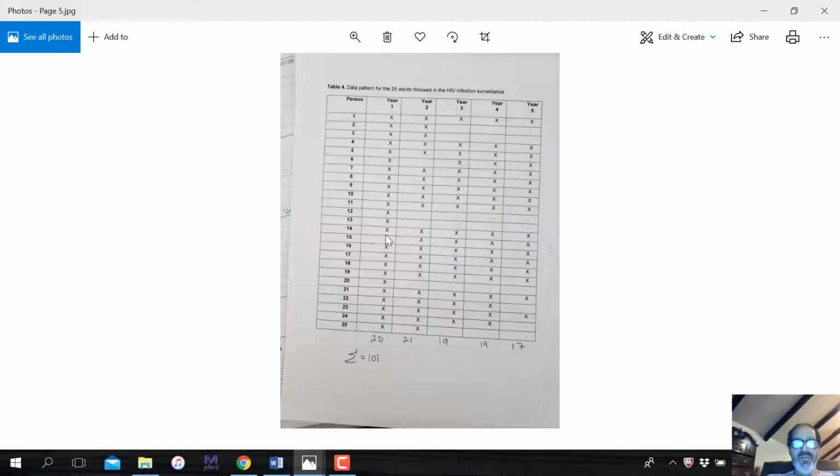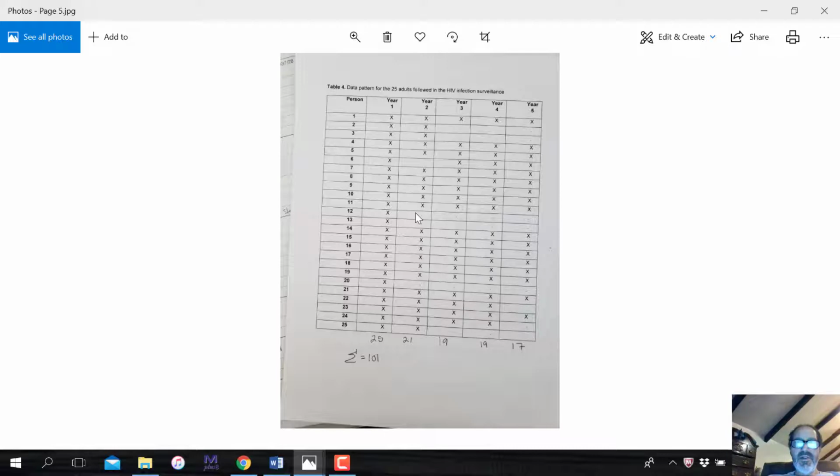So in this first year, we have 25 person years contributed. If everybody was here, they would have contributed 25 in the second, 25 in the third, 25 in the fourth, and 25 in the fifth. So 5 times 25 would be 125.